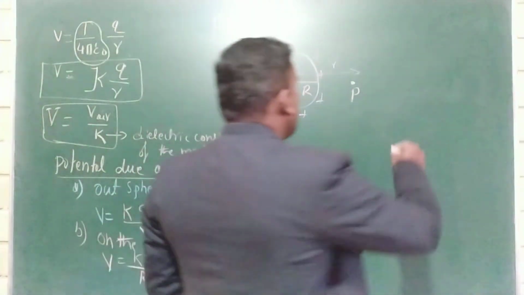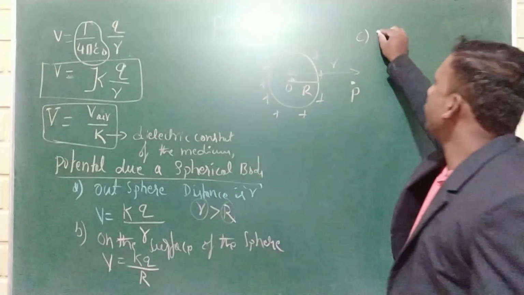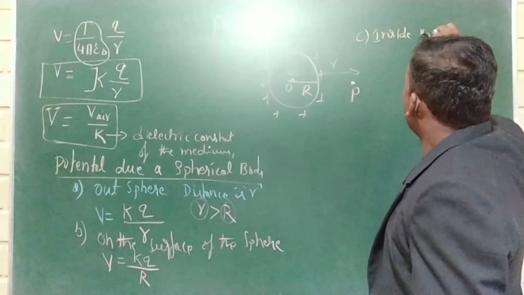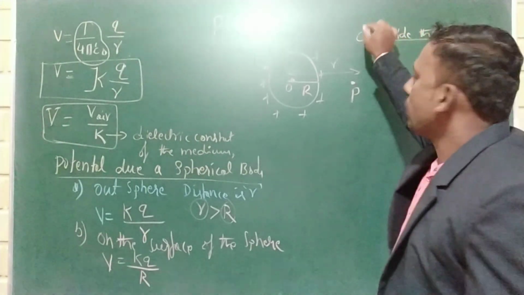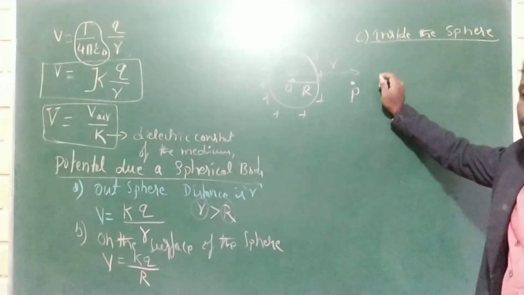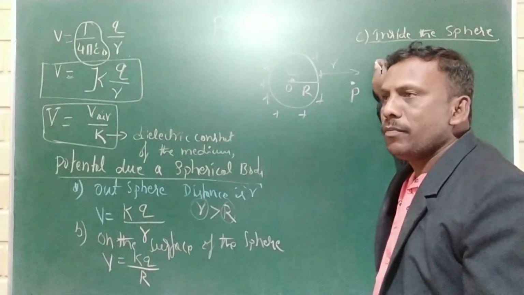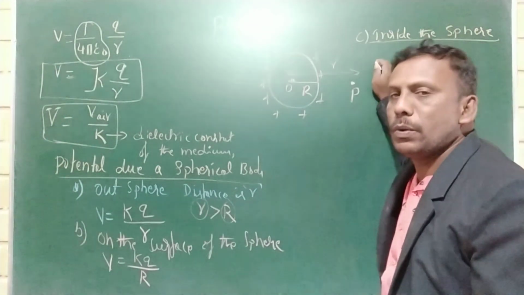The third case is inside the sphere. Inside the sphere there are no charges, therefore the electric field inside the sphere is zero.